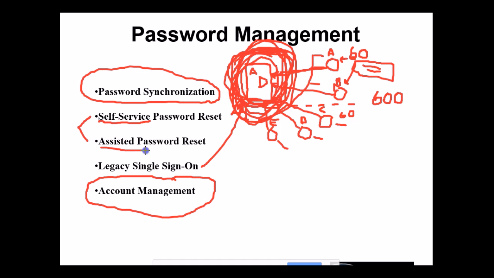And then an assisted password reset is kind of an interesting thing, that, hey, you know what, I can't reset my password, I got to call up the help desk. And recently, I know in our area here, WOW, who used to be Knology, actually started charging $5 a phone call.